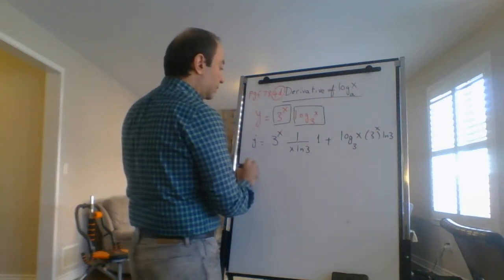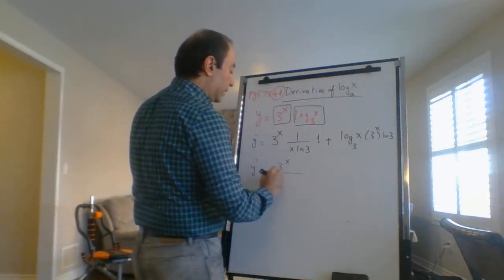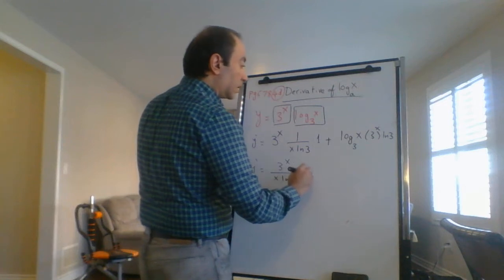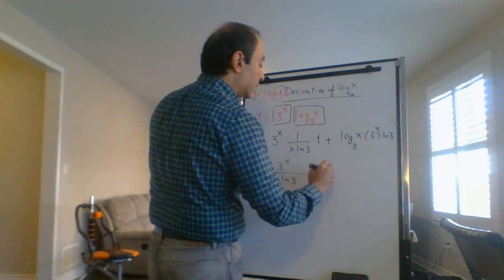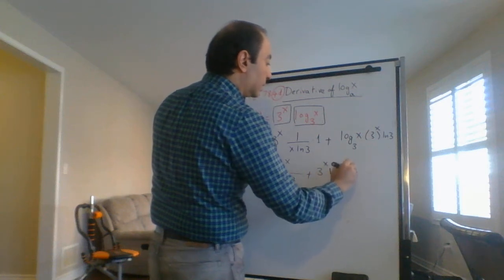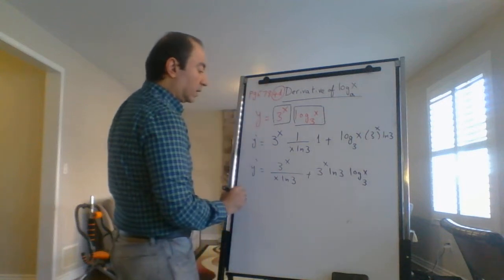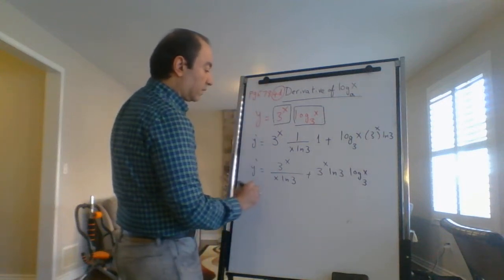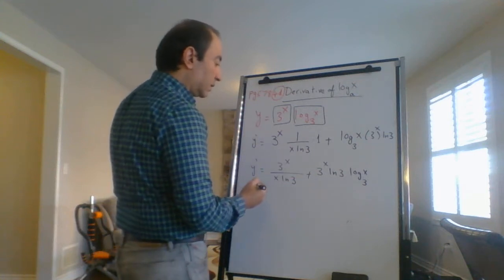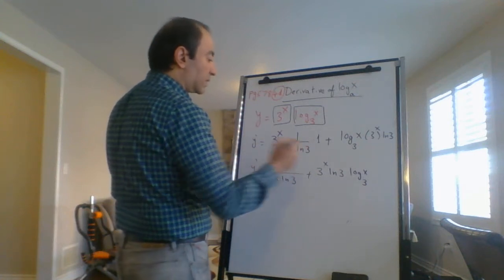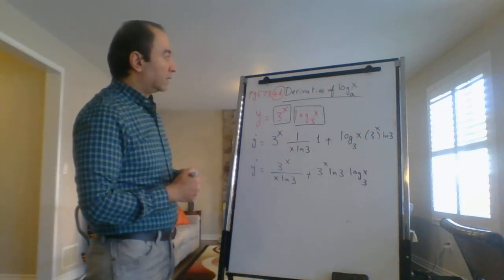So we can write this as 3 to the power of x over x ln 3 plus 3 to the power of x ln 3 times log x base 3, and we can factor out 3 to the power of x, or we can leave it like that. It doesn't really matter that much, but this is the answer anyway. Okay, so this is 4D.